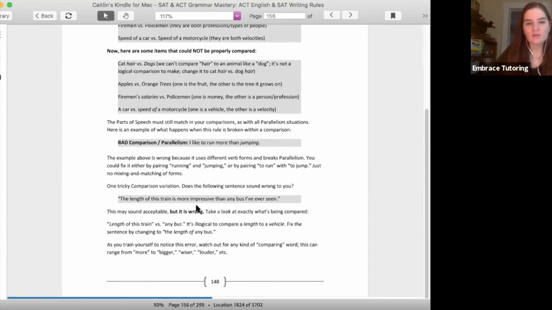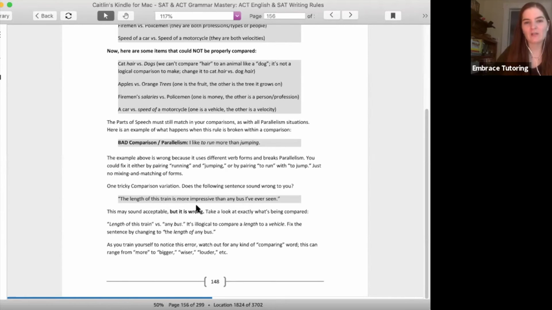So if we take one quick look at a bad comparison, or an example of a parallelism problem, you have, I like to run more than jumping. Doesn't make sense. You can hear it when you read it, or even if you read it to yourself, it doesn't make sense. You understand what they're trying to say, but grammatically it doesn't make sense in the language.